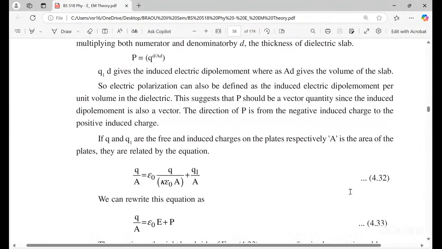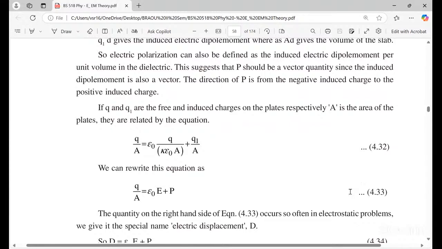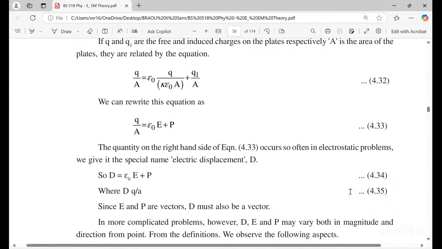But here, if Q and Q1 are the free and induced charges on the plates, let capital A be the area of the plates and the separation small d, then the relation Q by A equals epsilon naught into Q by K epsilon naught A plus Q1 by A, which can be written as Q by A equals epsilon naught E plus P. Why? Because here P equals Q1 by A.